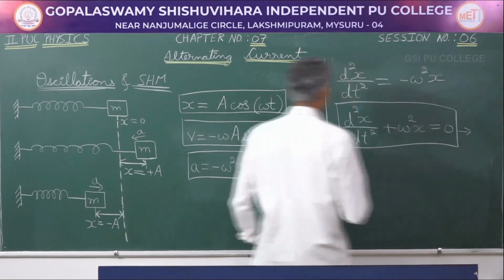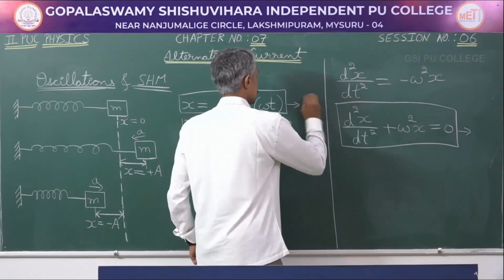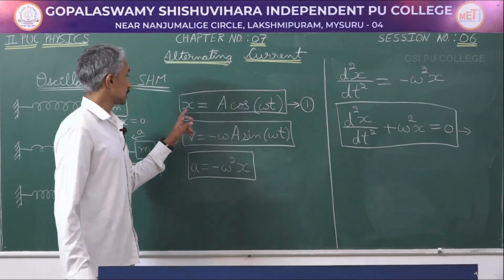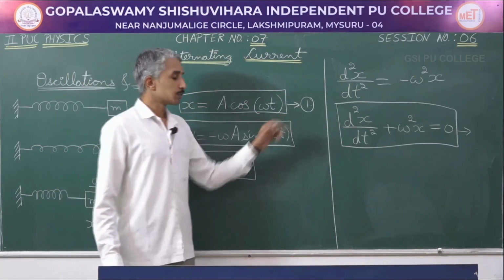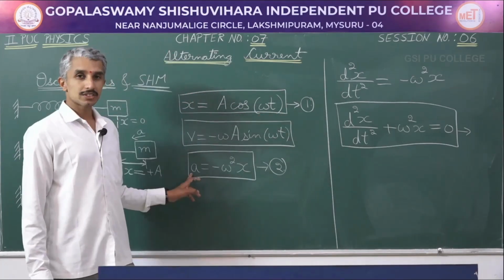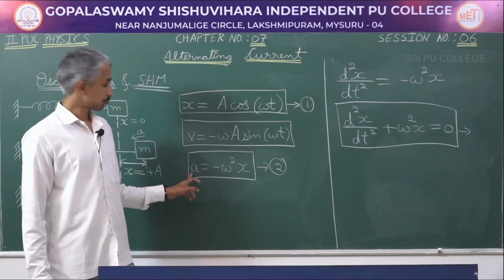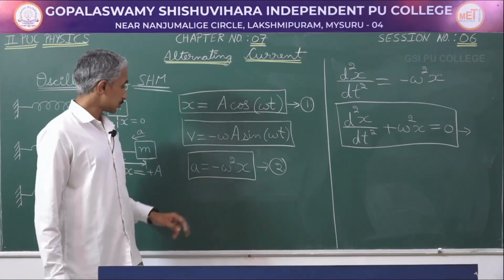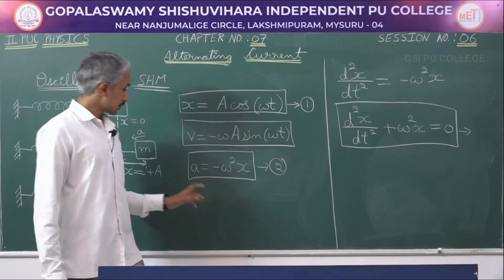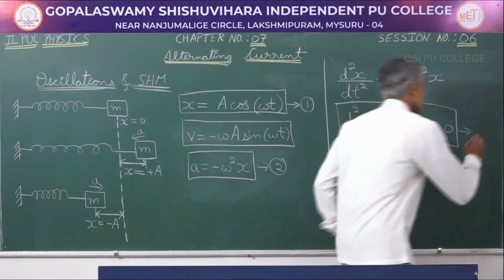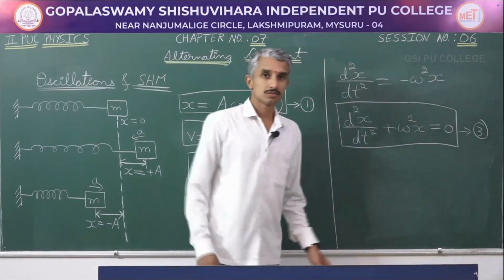Let me name this. I will take the equation for displacement as equation 1, and the equation for acceleration for an object in SHM as equation 2. The same equation 2 can be represented by equation 3.